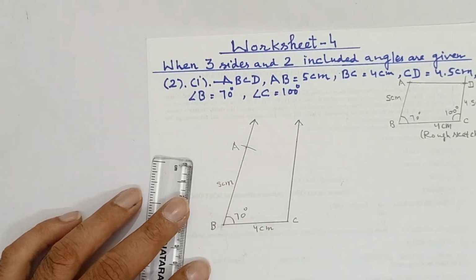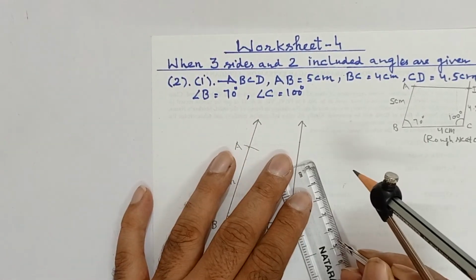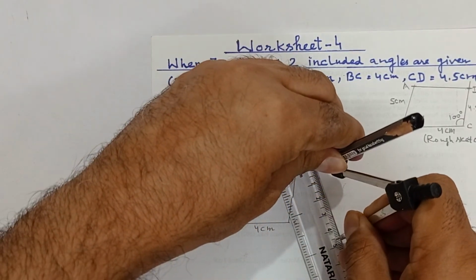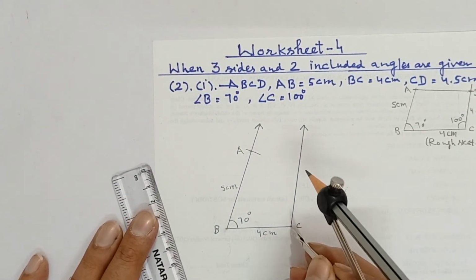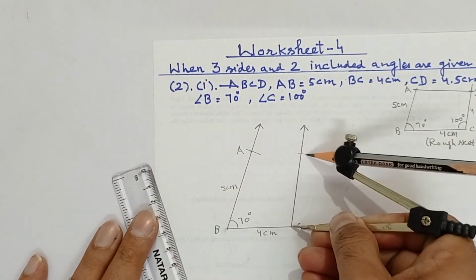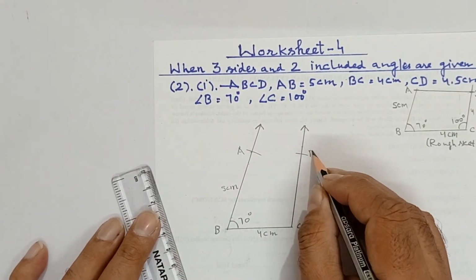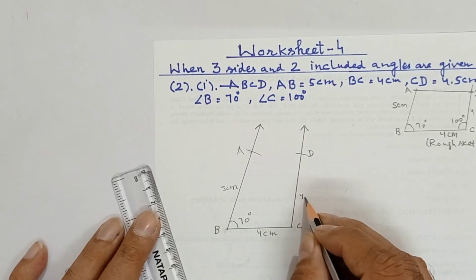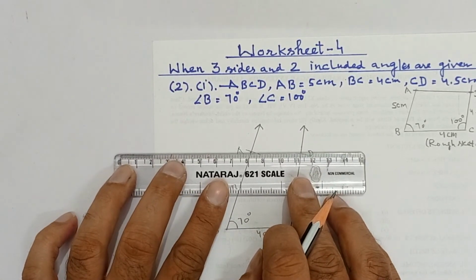Labeling also done. CD is 4.5 centimeter. So open up the compass equal to 4.5 centimeter. Keep the compass tip on C and draw an arc. This is D point and this is 4.5 centimeter, and join this.